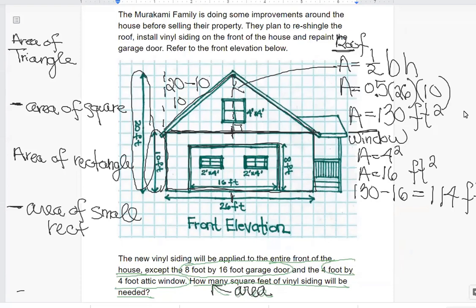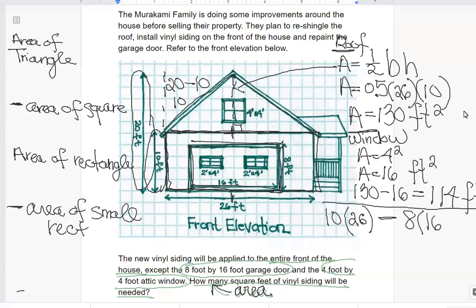Lovely. Now let's look at the bottom portion of the house. This is basically a big rectangle, take away a small rectangle. So super easy to find the area of your rectangle. You just multiply the two dimensions. So I'm not even going to use the formula. I'm so lazy. The big rectangle is a 10 by 26. So I'll multiply 10 by 26. And from that, I need to take out the small rectangle. And the small rectangle, the garage door, is an 8 by 16.